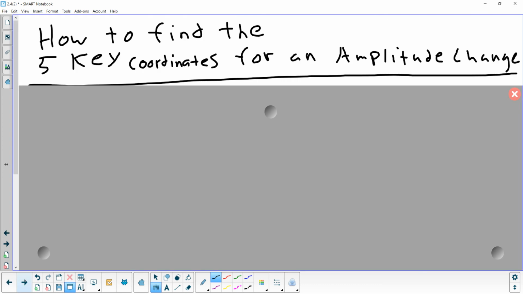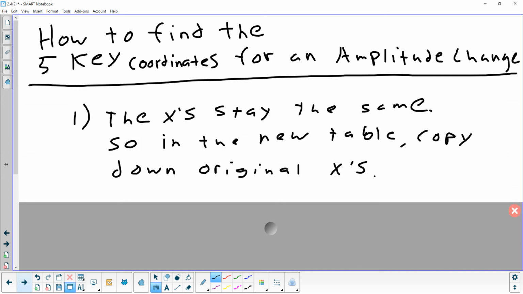So, next step is to take our 5 coordinates that we know, and we have to transform them. What part of the coordinate did we just say is going to stay the same today? Yeah? The x's are staying the same.